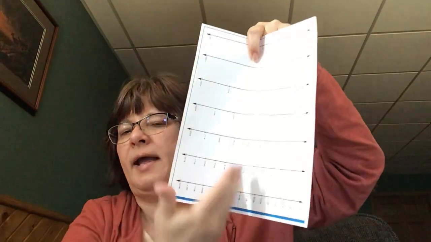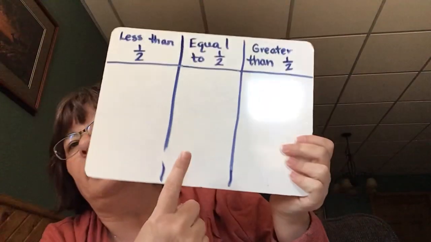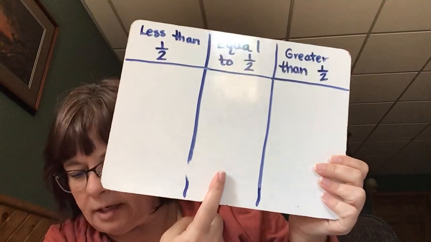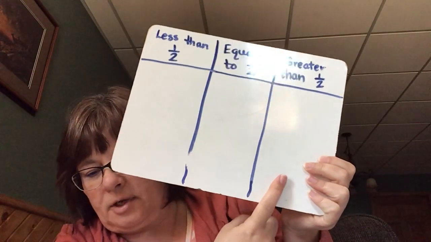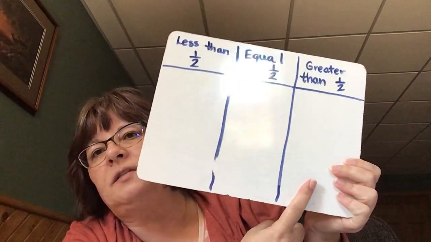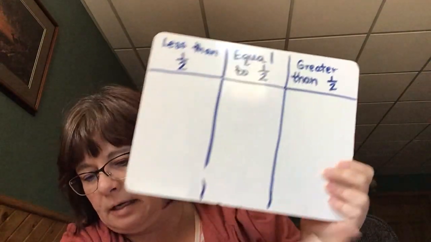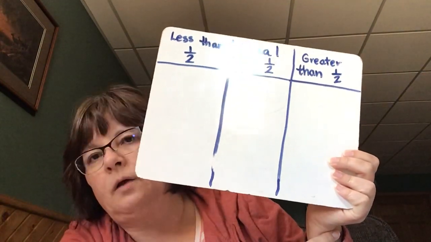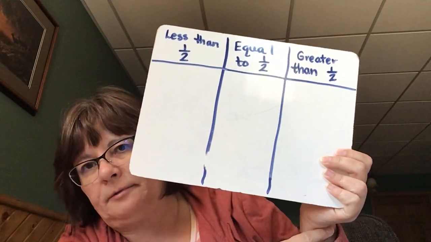Do that by 1/2 and then count all the ones that are less than it and write them in your column. Then the middle column is for the fractions that are equal to. And the last one is the greater than fractions. And I want at least 3 in here, 3 in here, and 3 in here. Okay? So that's how you're going to fill out the chart at the top.